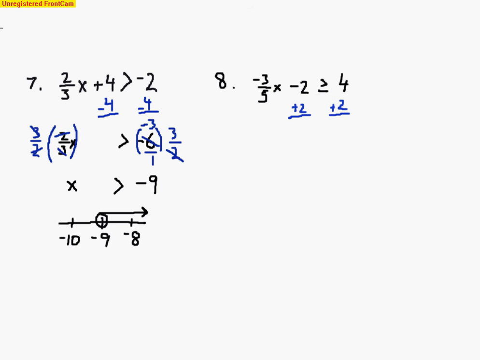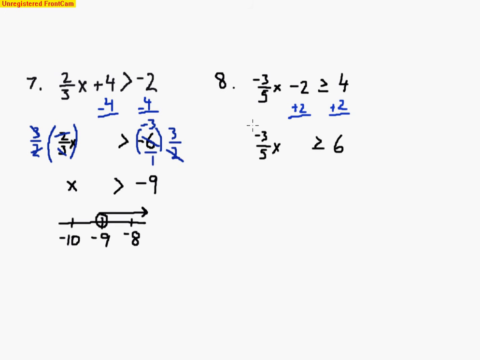Once we've done that, we've now isolated the variable, but we still have a coefficient of -3/5 that we're going to end up having to remove. So -3/5 x is greater than or equal to +6. So now we want to get rid of not only a 3/5 but a negative sign as well.